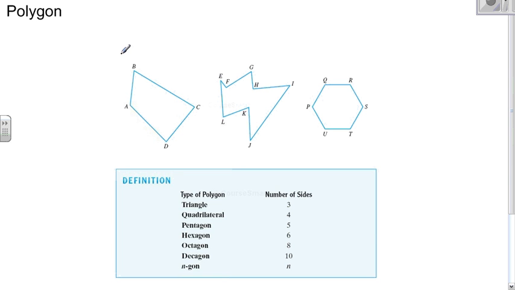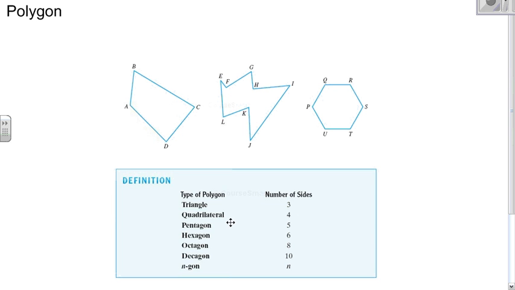If the simple closed curves only have straight lines, or line segments that intersect, then we call it a polygon. All of these are different types of polygons. If it has 3 sides, we can call it a triangle.